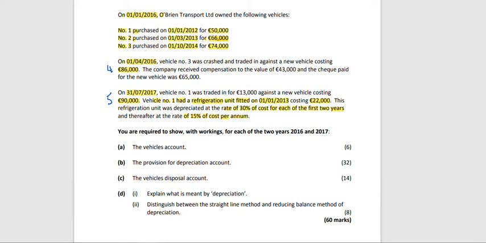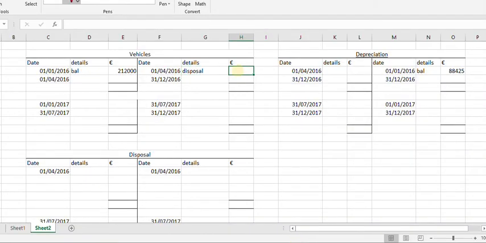Vehicle number 3 cost 74,000, so a disposal of 74,000. Remember the double entry. If we credit the vehicles account, we will debit the disposal account. So let's call it vehicle 3, 74,000. Okay, that's the first thing we do.